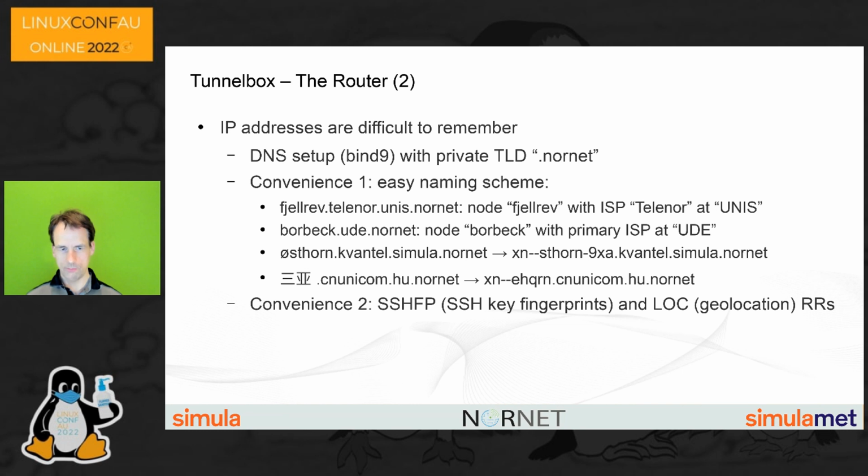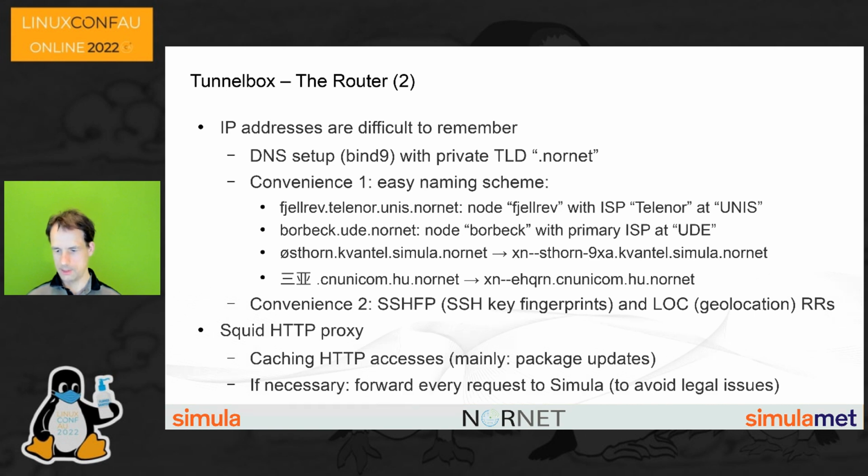So this is one convenience, and the other convenience is that inside the DNS infrastructure we can also put the SSH key fingerprints as well as geolocation information as SSHFP and LOC resource records. And since we route external traffic over Simula, it makes sense for package updates to be cached by a Squid proxy.